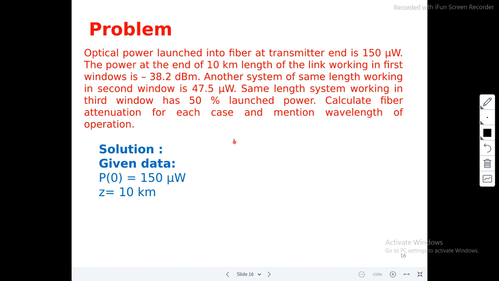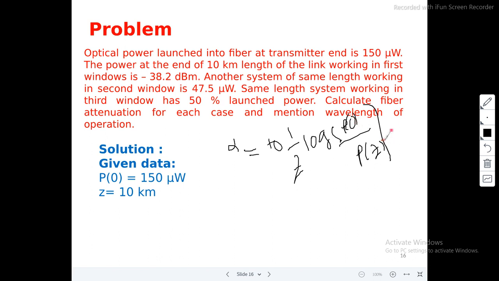The general equation is alpha is equal to 10 into 1 by Z log of P of 0 by P of Z. So this is the general formula. In this formula you have to calculate P of Z. P of 0 is the input launch power, which is the same for all conditions.